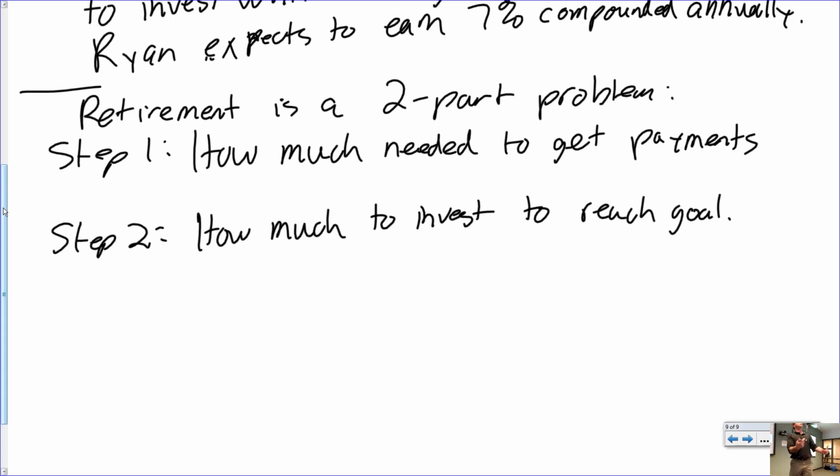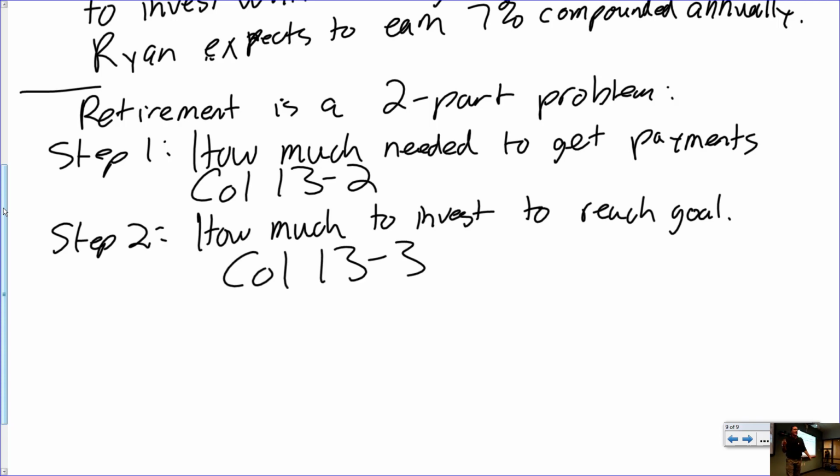All right, so step 1, how much do you need to get payments? What column do we use to determine how much you need to get payments? All right, good. And what column do we use to determine how much we need to invest to reach a goal? 13-3.